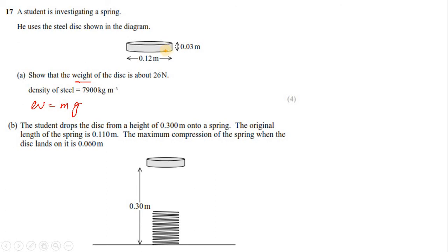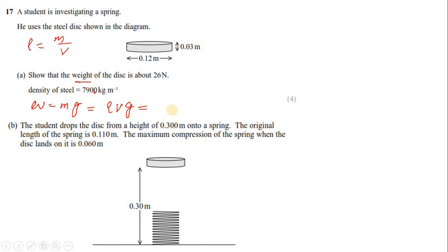So we have a formula for the volume of a cylinder, and we can use that. The mass can be replaced with rho V, because remember, density is mass over volume, so mass will be density times volume. So weight is rho times V times g. Just substitute all the values.